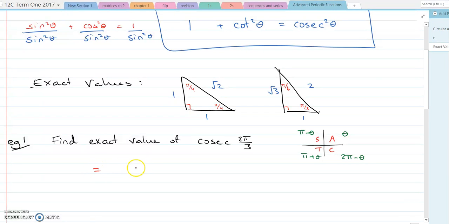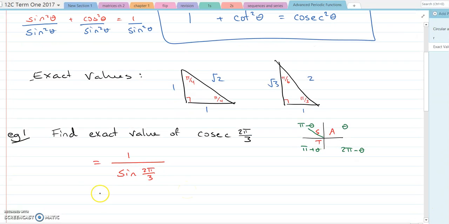We know it's going to be 1 over sine 2 pi over 3, because that's what cosecant means. This is in quadrant 2, so we need to write this angle as pi minus theta.